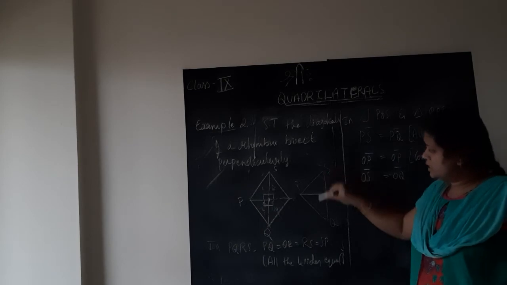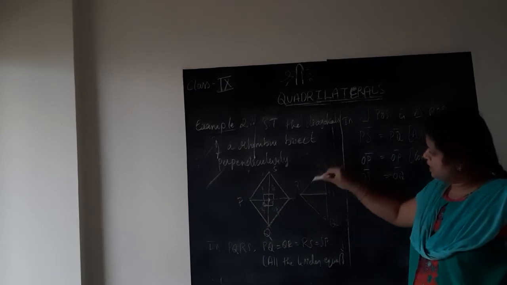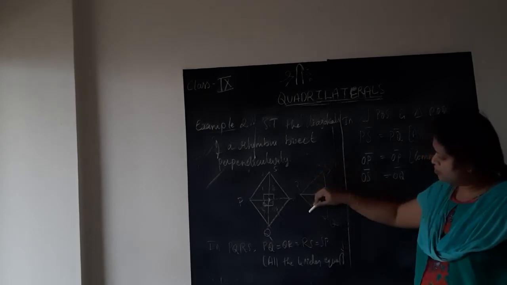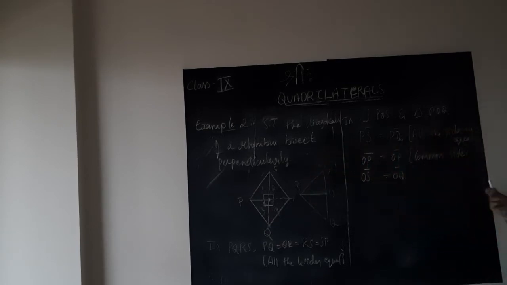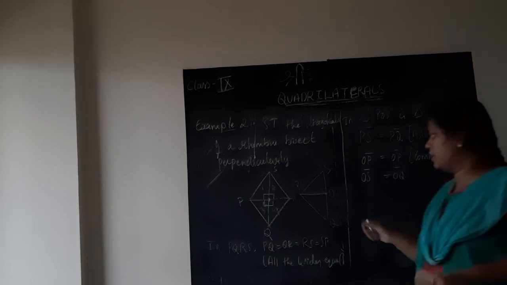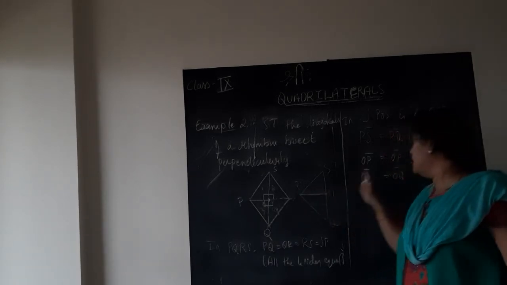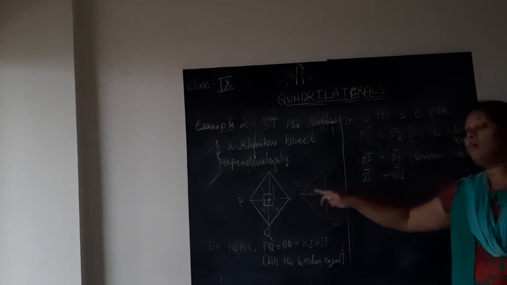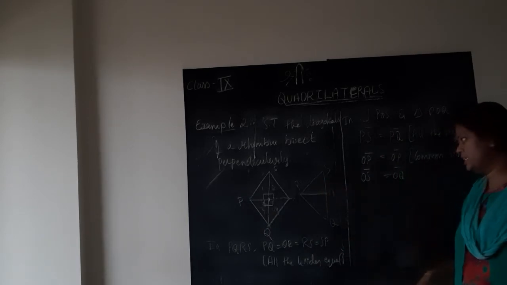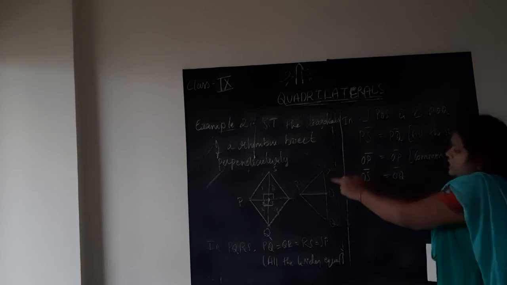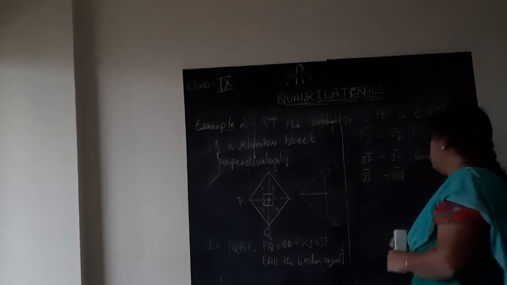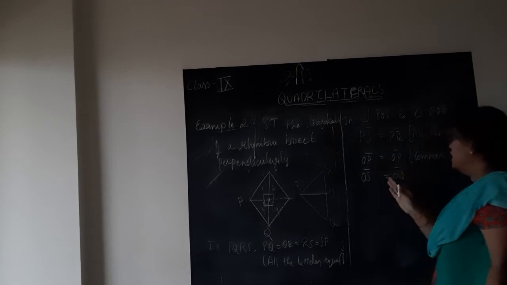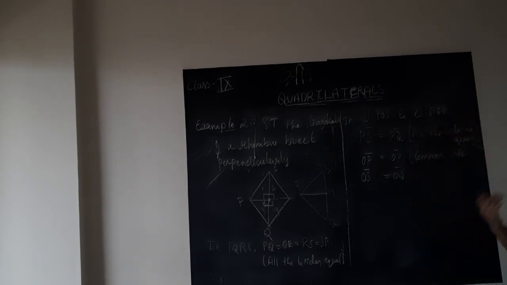Now, in these two triangles, children, side PS is equal to PQ. These two sides are equal, I proved. Why? Because those are the sides of the rhombus and all the sides of the rhombus are equal, we know. And side OP equals OP. Why? Because it is the common side for both the triangles, so it is equal. Which is the remaining side? OS and OQ are the remaining two sides of the two triangles I have chosen. I wrote an equal sign in between. How can I write?